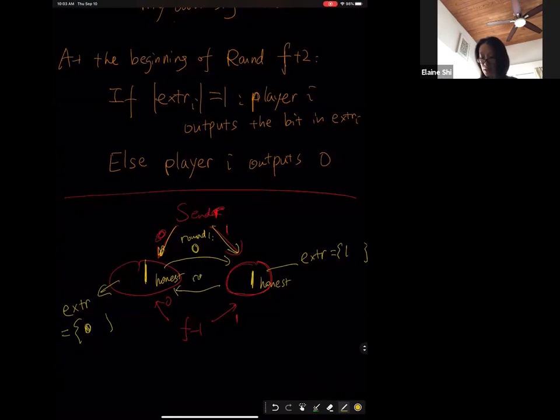So in round 1, this honest person on the right will say to everyone, I've added 1 to my extracted set, and here's why I've added 1 to my extracted set. So in fact, in this case, in round f, because of these two messages with signatures, everyone will have both 0 and 1.